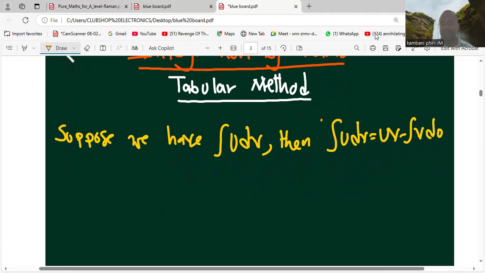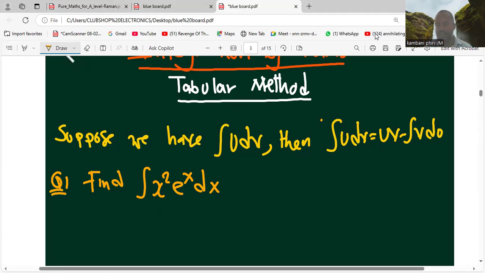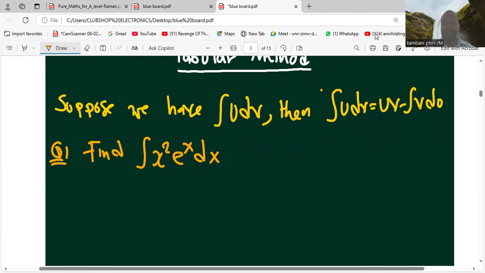So let's have a question. Question one. Find the integral of x squared e to the power x dx. This is an indefinite integral. How do we go about it?